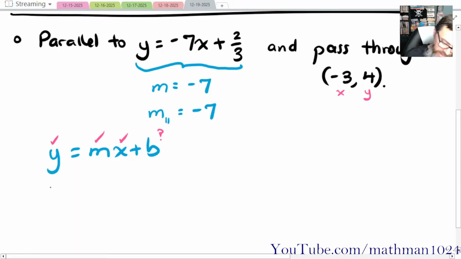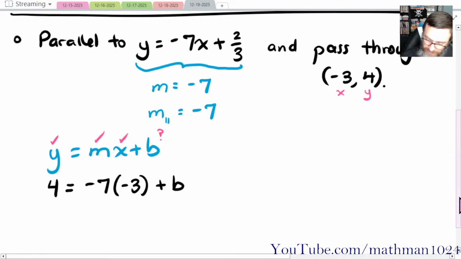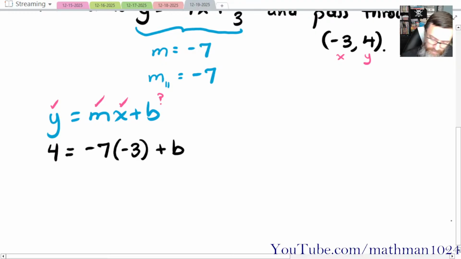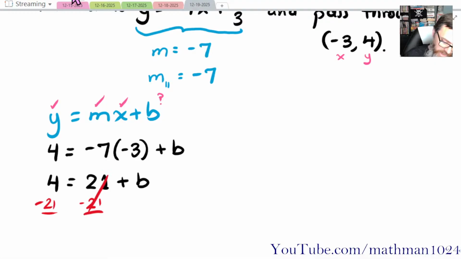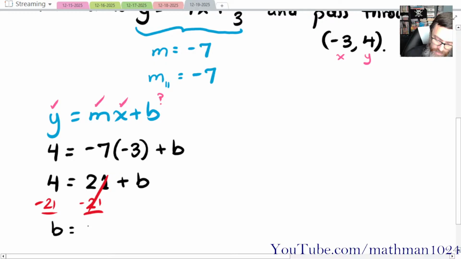So y is 4, m is -7 times x, which is -3 plus b. All right, so 4 equals positive 21 plus b. Solve for b by subtracting 21. And we have that b equals -17.